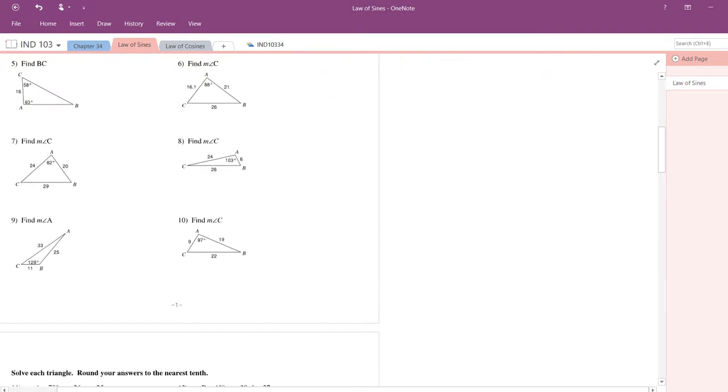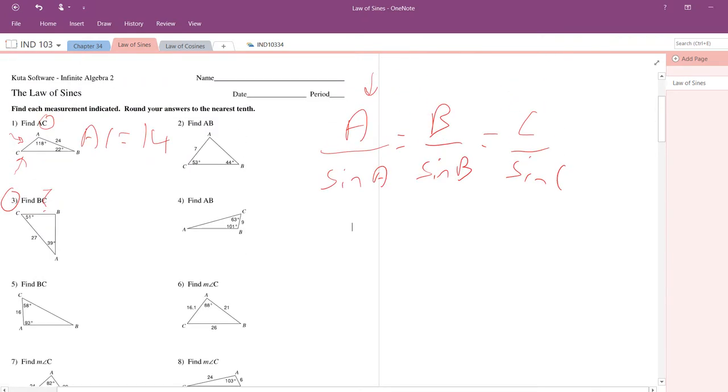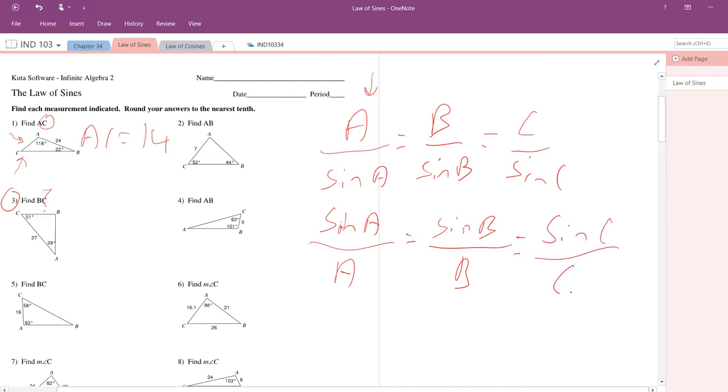Number 8 says find angle C. We see that we have A over sine of A, B over sine of B, and C over sine of C. This can also be written as the sine of A over A equals the sine of B over B equals the sine of C over C. Either way I write it.